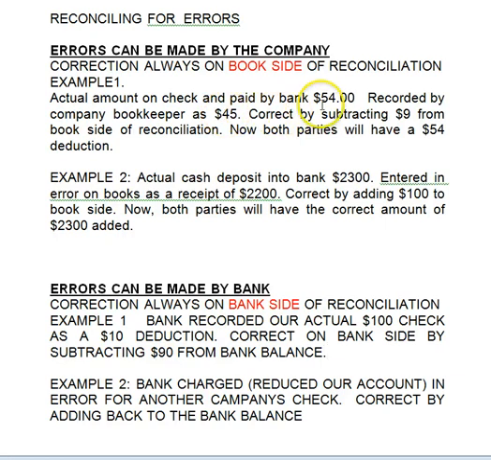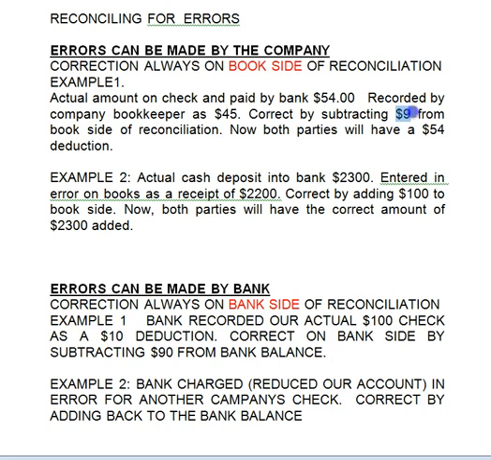Therefore, it is necessary to take the $9 difference, that's a transposition error, okay, a $9 transposition error, so that we did not subtract enough money from our account. Obviously, the correct subtraction should have been $54, but we only subtracted $45. So how do we fix that?